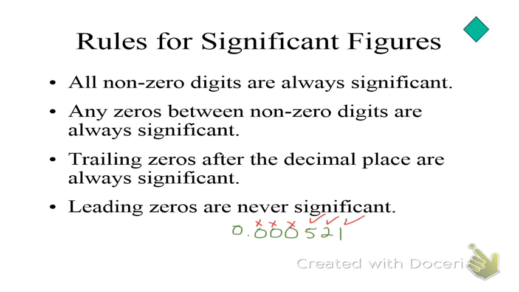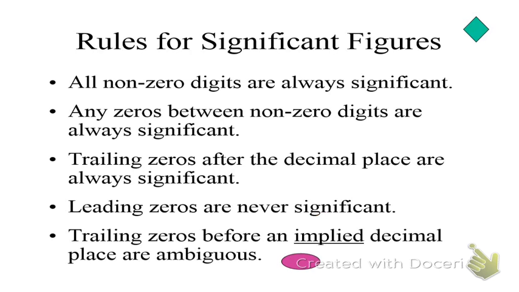There's one more type of zero we haven't talked about, and I'm going to talk more about that later. If you have a big number that peters off in zeros, and you didn't put the decimal there, it looks like this: 15,320,000. If I was going to put check marks, I would definitely check the 1, the 5, the non-zero digits.